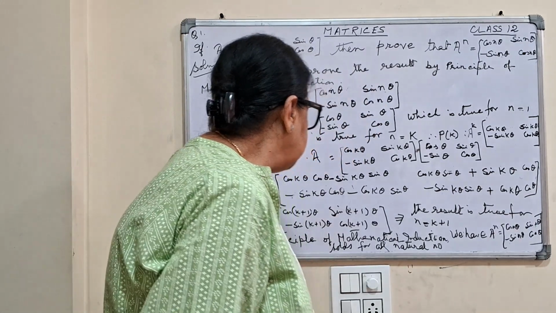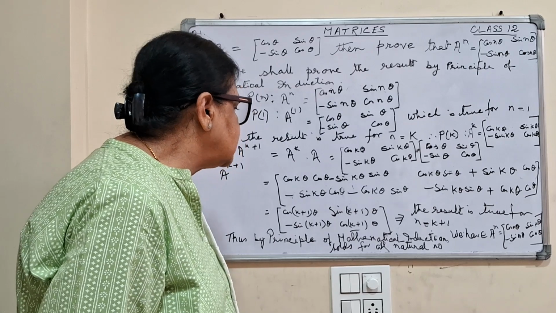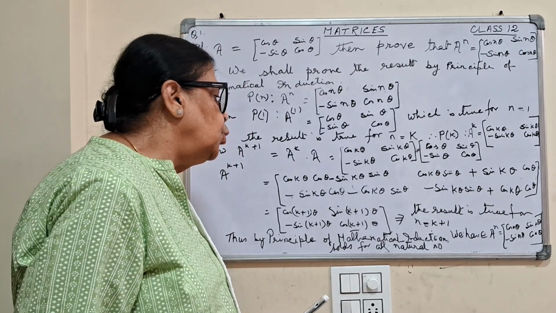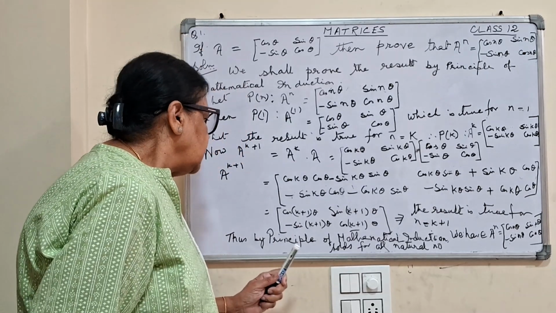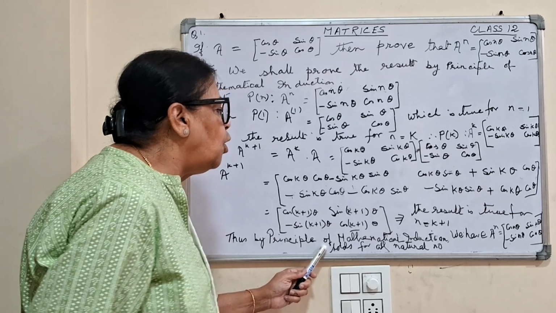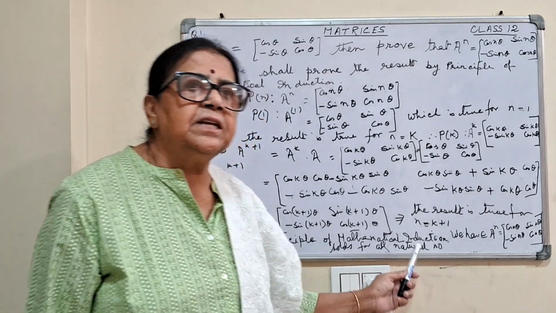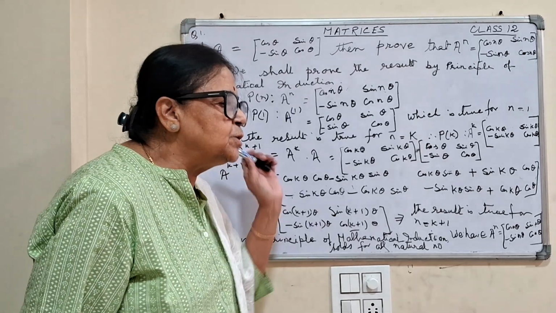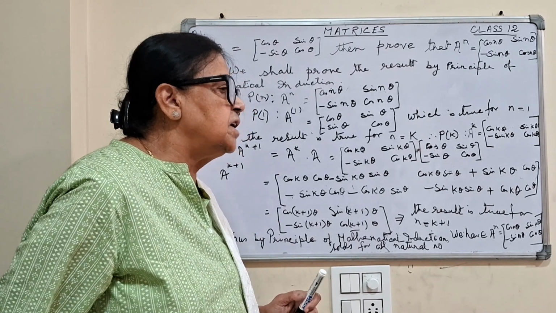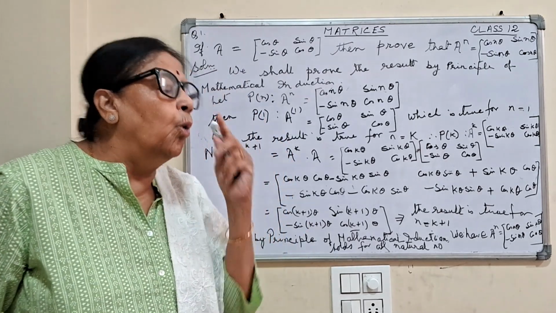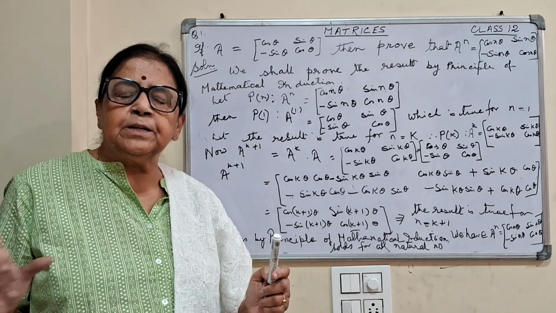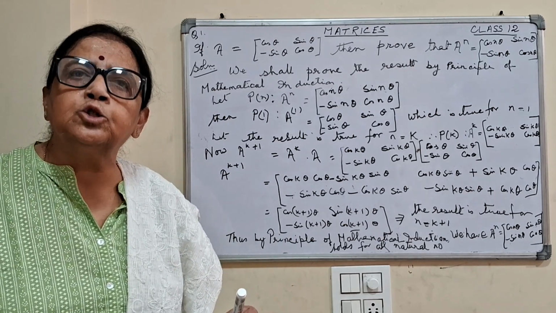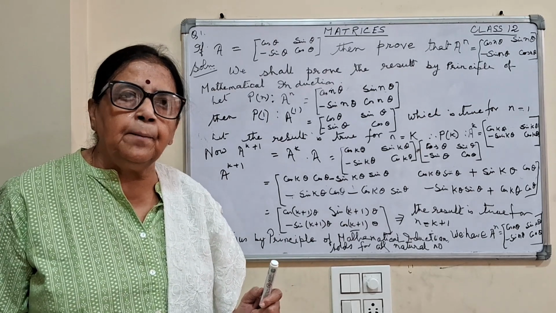It is by principle of mathematical induction that this is true. Thus, it holds for all natural numbers. So that means principle of mathematical induction, I think we all know, if P1 is true, then Pn is also true for all natural numbers.